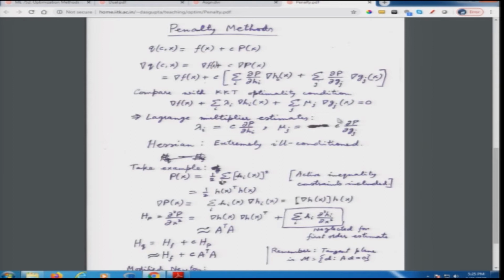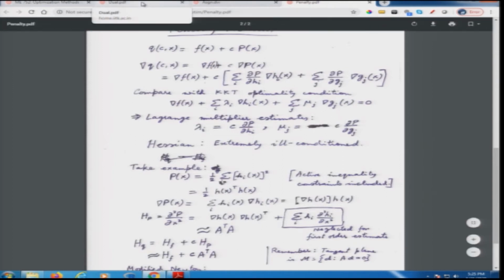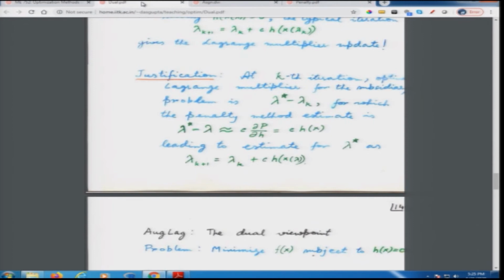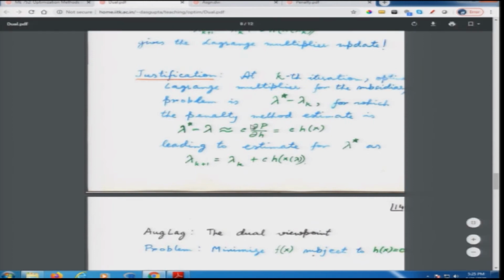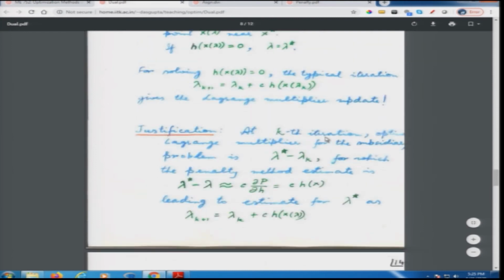And the penalty function that we have selected for the augmented Lagrangian method gives you del p by del h as simply h x, and similarly del p by del g as simply max of 0 and g x. So, the penalty method estimate of the Lagrange multiplier gives you this, and this is the estimate of this quantity. So, what will be the estimate of lambda star? The estimate will be the current lambda plus this, and that is the basis of this update formula for the Lagrange multipliers.